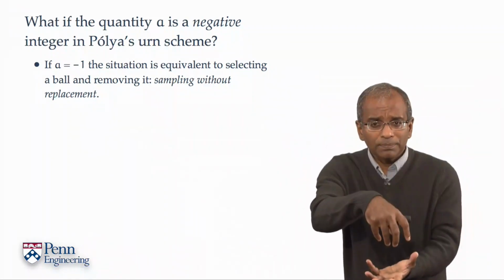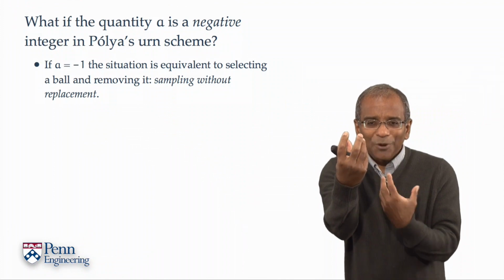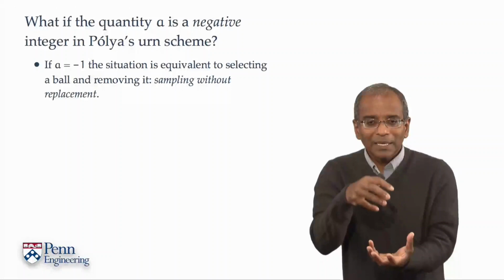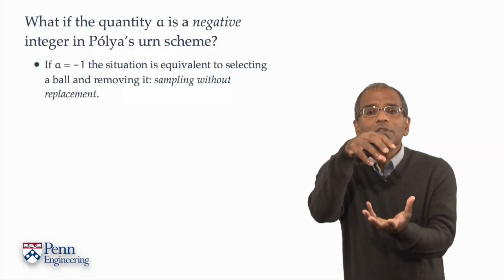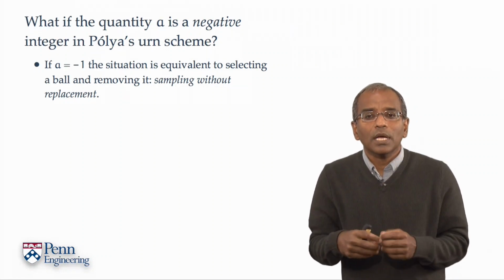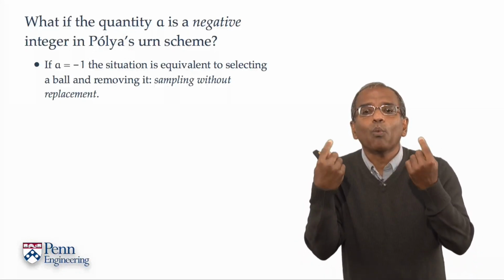You reach in, draw a ball, and look at it. The original model said, well, you put it back in and then put in A more balls of that color. But if A is minus 1, what you've effectively done is you've reduced the red population, if a red ball was drawn initially, by 1 unit. If a black ball was drawn initially, you've reduced the black population by 1 unit.